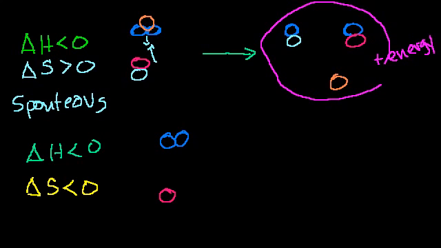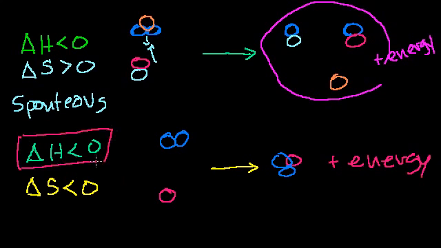If they bump into each other just right, their electrons are going to be more stable, and maybe they form this character. When they do that, their electrons can enter into lower potential states, and the electrons release energy. So you have some plus energy here. And we know that because the change in enthalpy was less than 0. We have lower energy in this state than that one, and the difference is released right here.